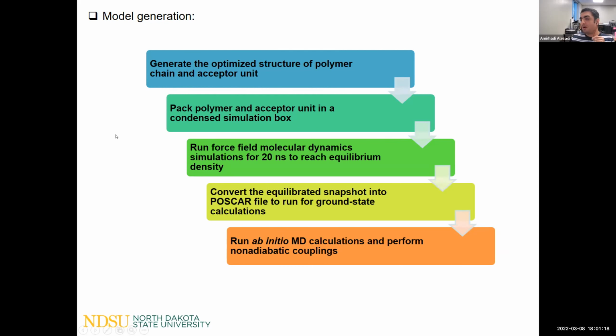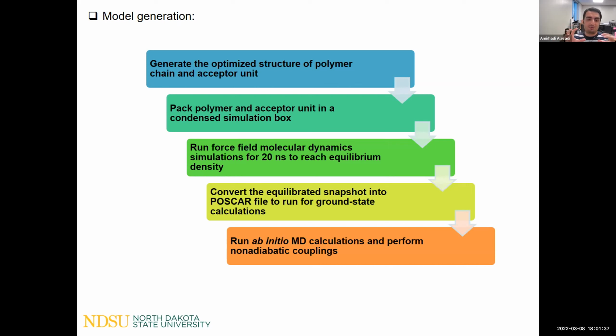So to have a balanced system, I just generate a 3 monomer polymer chain, get it to the equilibrium situation, also an equilibrated structure of the acceptor unit. Then with the MATLAB code, I pack the system.